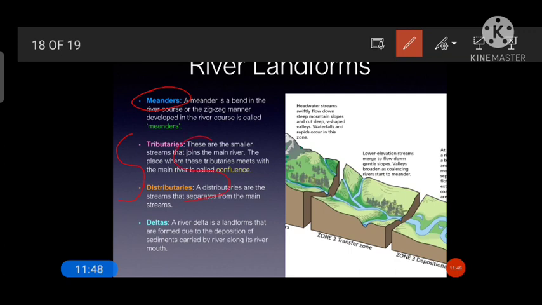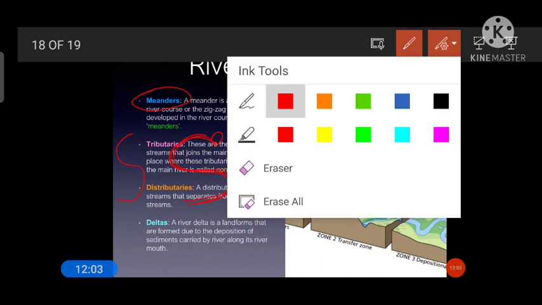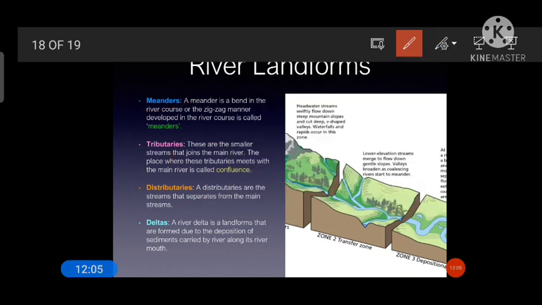Whenever a river starts from its origin, it does not move straight, it moves in a zigzag pattern. That zigzag pattern, or course of the river, is known as meander or meanders. So a meander is a bend in the river course.